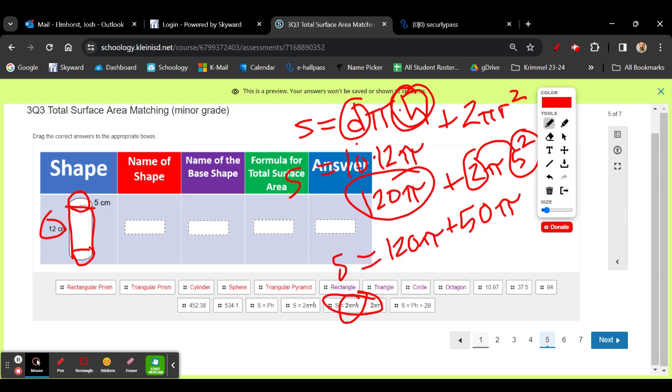And the total surface area, we're going to put those together first before multiplying by pi. So it's going to give us 170 times pi. So we have 3.14 times 170 for the total surface area.